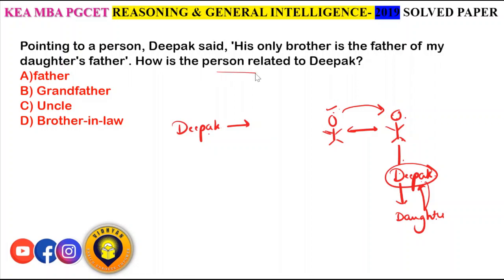Now how is this person related to Deepak? This person is Deepak's father's brother. So father's brother will be what? Father's brother is called an uncle.